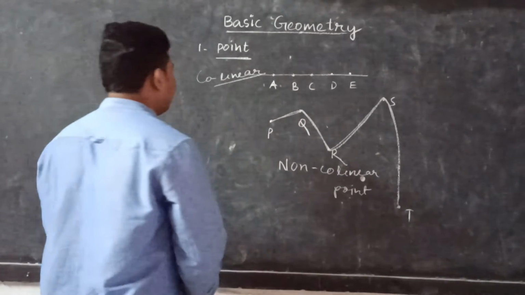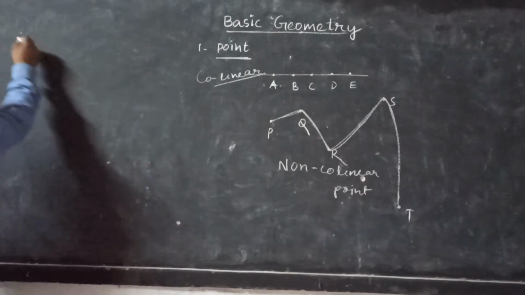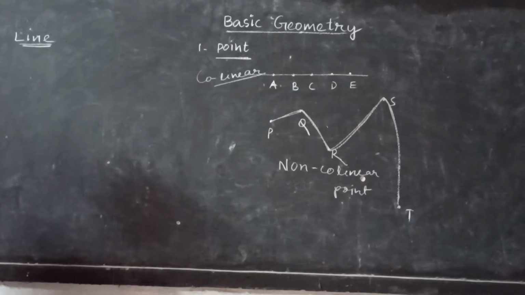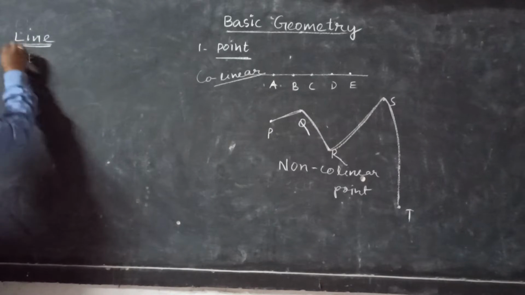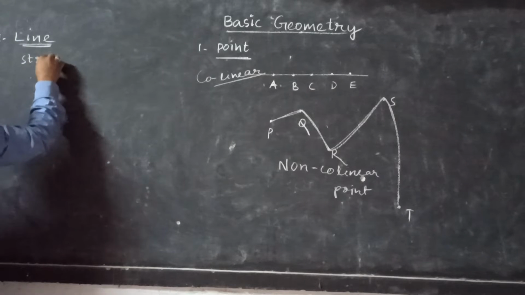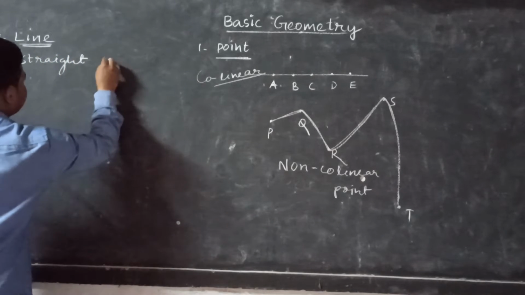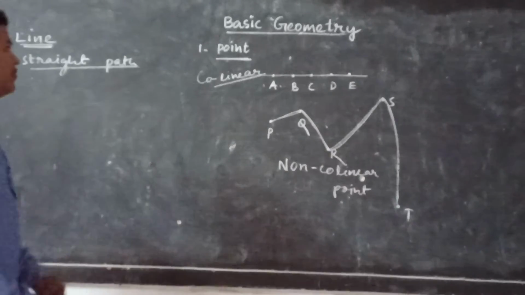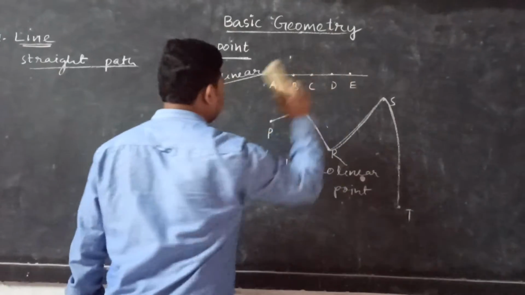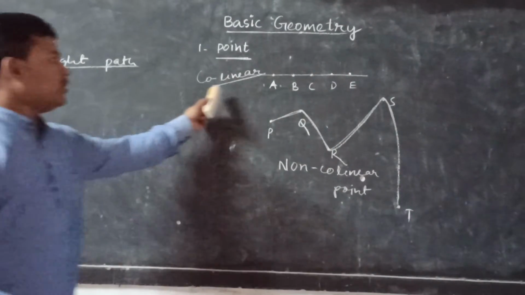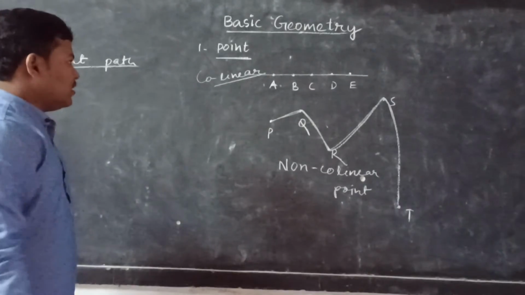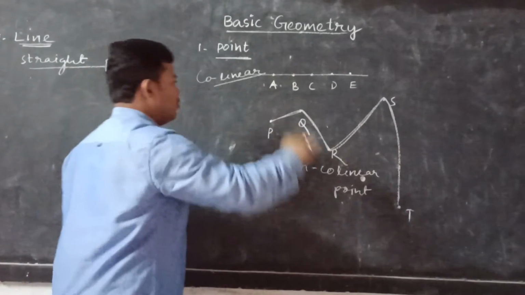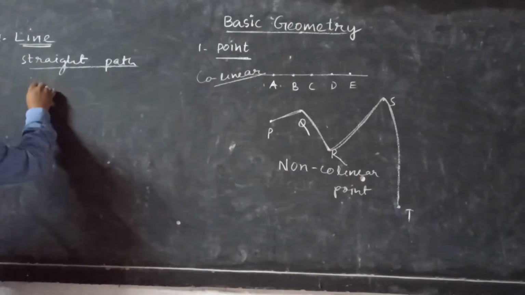Next, another topic we have after point, that is a line. What is a line? A line is a straight path which is made up of millions of collinear points, or you can say infinite numbers of points, because we cannot count the number of points in a line, and it has no end point.